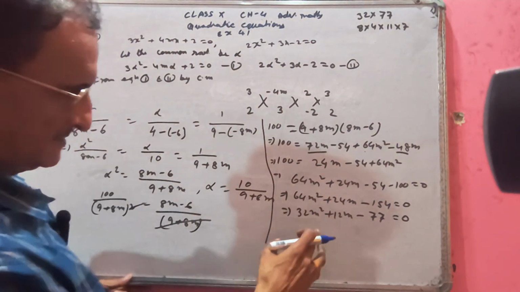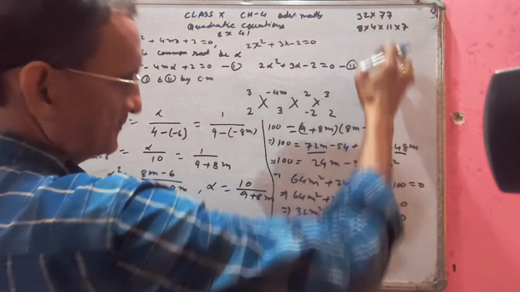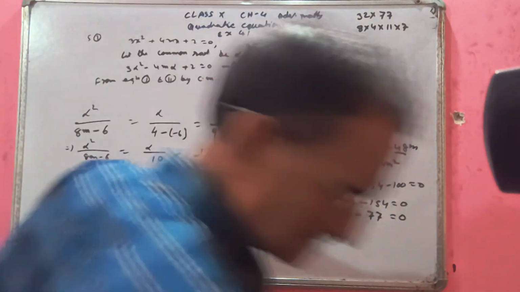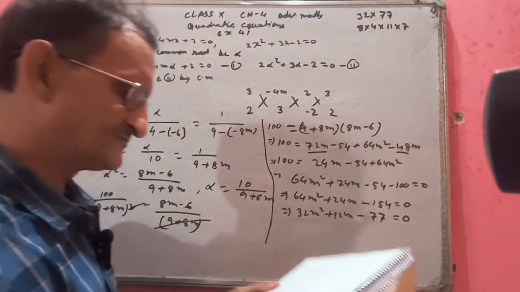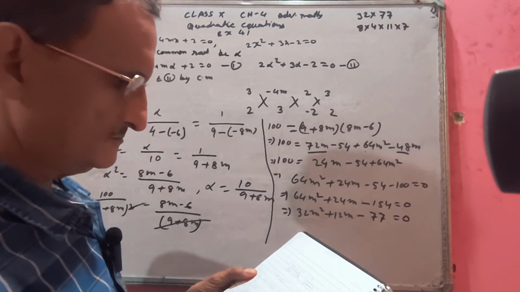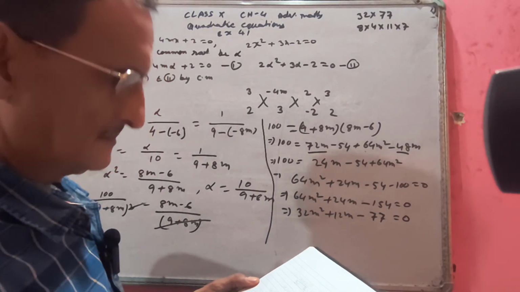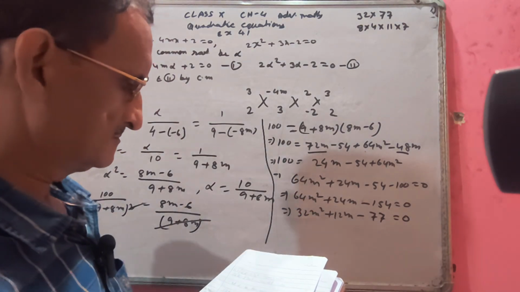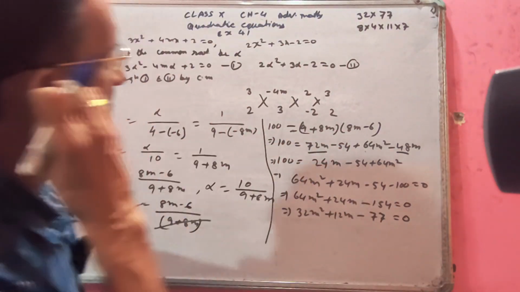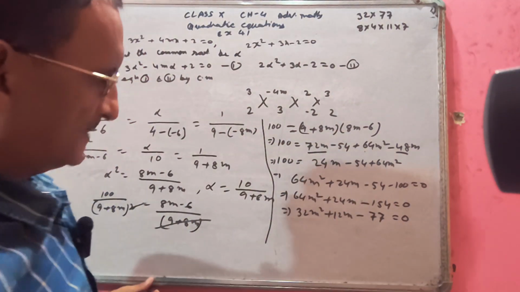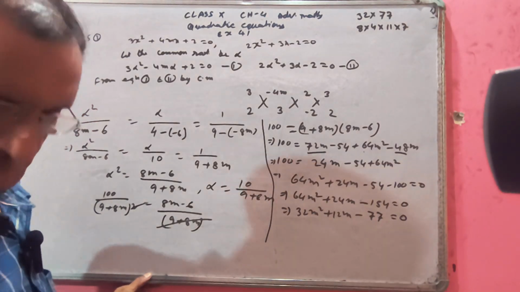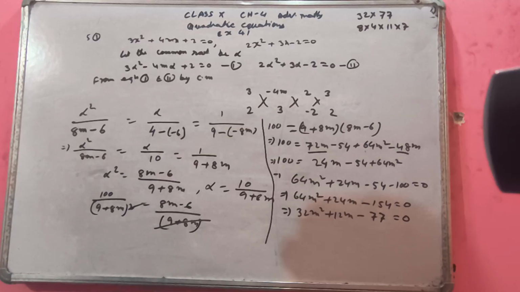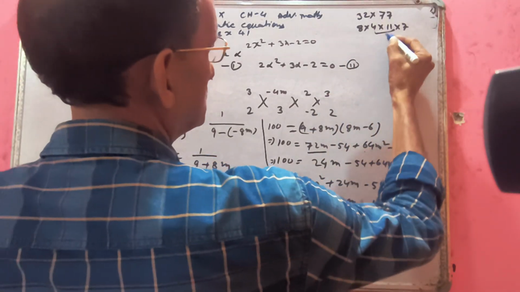We did earlier that 32 equal to 8 into 4, 77 equal to 11 into 7. What is the factor? Factorize it. 8 into 7 is 56, and 4 into 11 is 44.